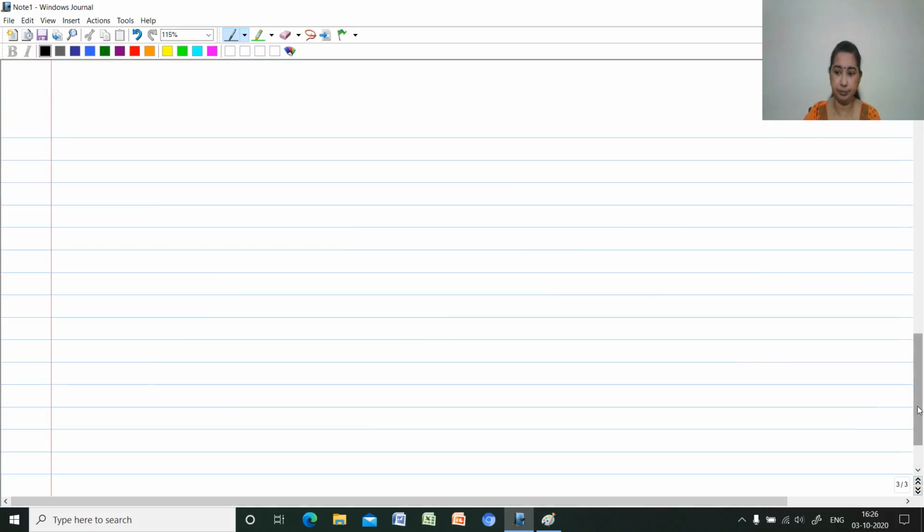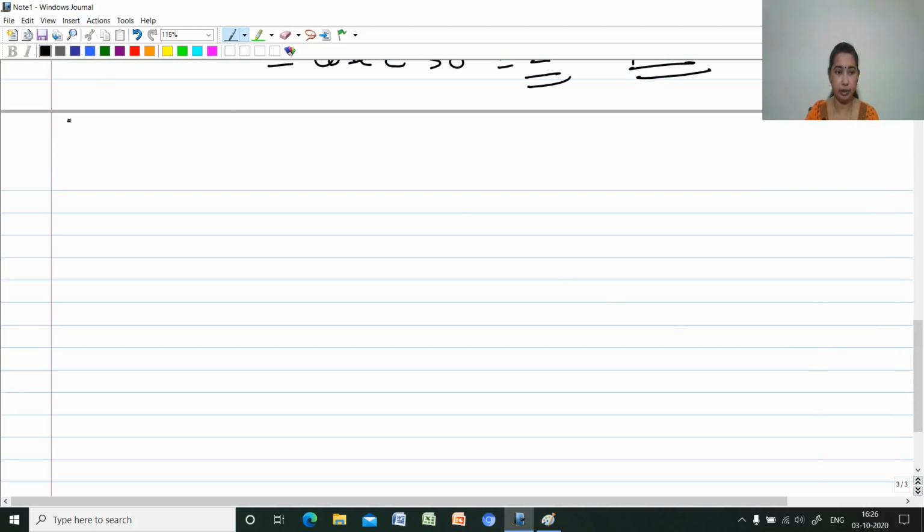Now next one. Next question is tan 19 pi by 3. It is a positive angle. So how do we find the number of revolutions here? How can you write 19 pi by 3? If I divide this, 6 complete revolutions will be there, because 3 sixes are 18. So 6 complete revolutions, remaining pi by 3.